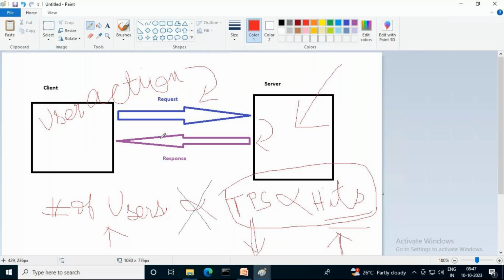Less. Response time means the time taken by the server to process, right? So if my network speed is good, my requests will reach faster, the server responds to that, and the response reaches me faster. Clear, all of you?